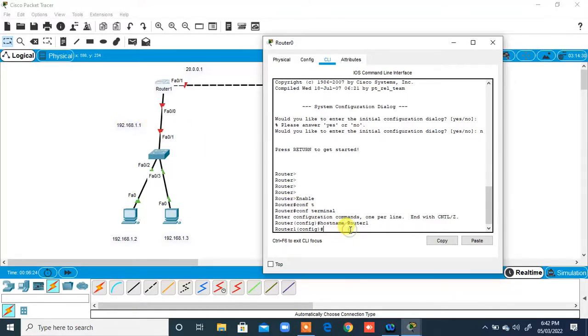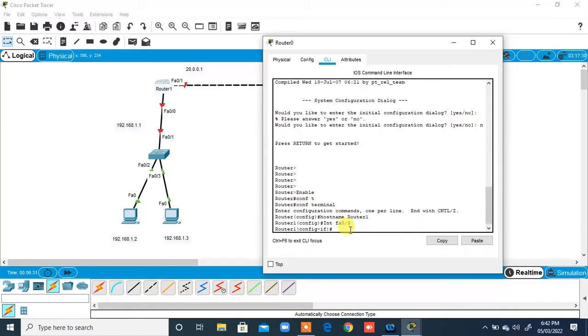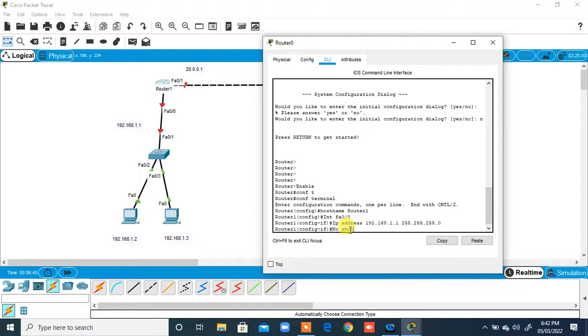So let me just configure this FA0/0 first, right? IP address 192.168.1.1 and we just have to assign the subnet mask also for this class C, and I will say no shut to make it up.